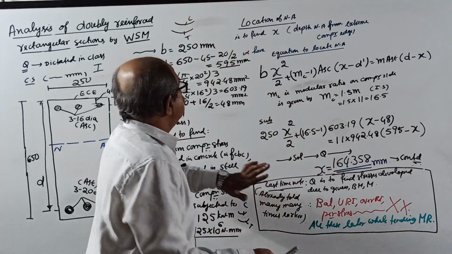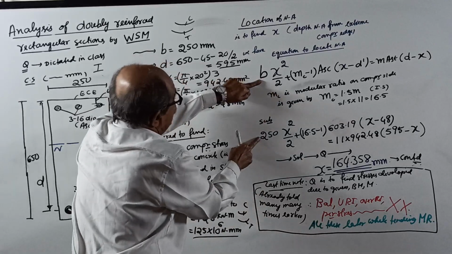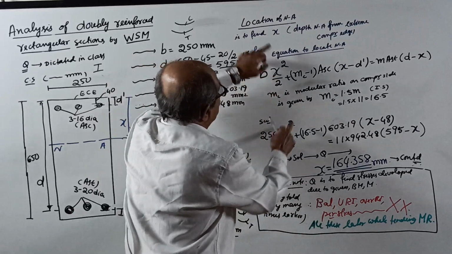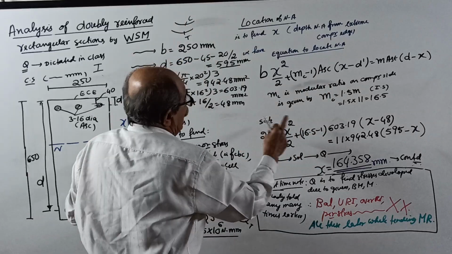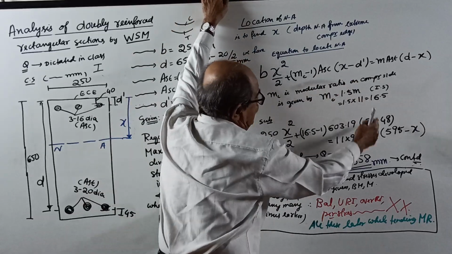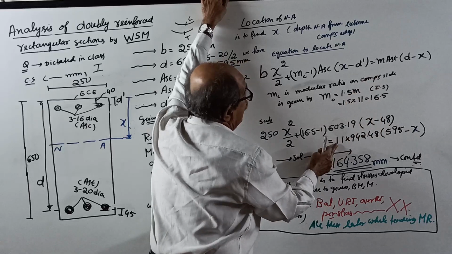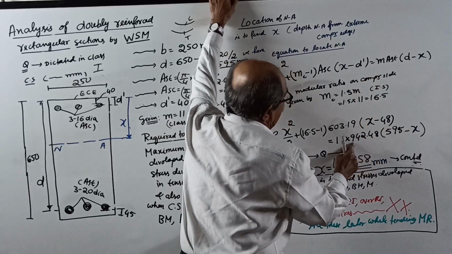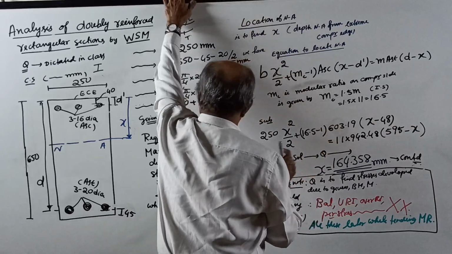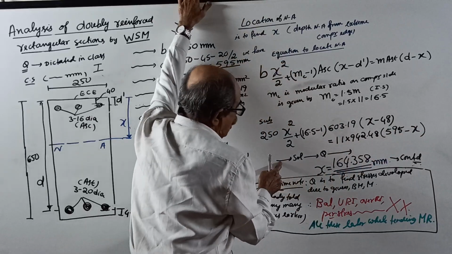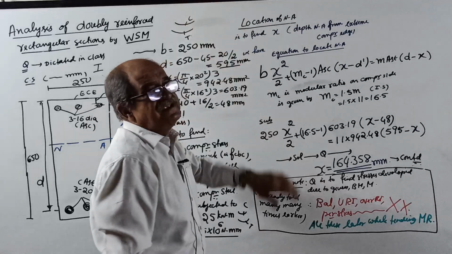Now substitute. B 250 x square by 2 plus (16.5 minus 1) into Asc 603.19 into (x minus d dash 48) equal to 11 into 942.48 into (d is 595 minus x), x is what you are calculating. Solve the quadratic equation, rearrange.